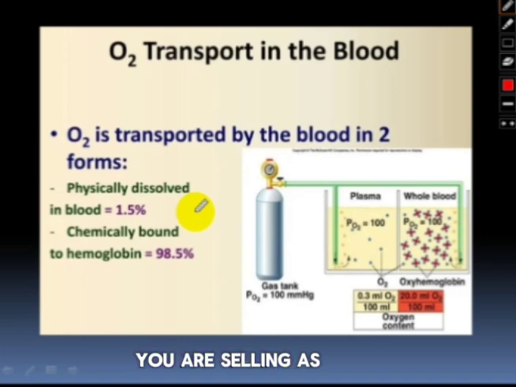You are saying the textbook you read says 3% dissolved in plasma and 97% binds with hemoglobin, and here you are saying 1.5% against 98.5%. In other textbooks, you might see 1% dissolves in plasma and 99% binds with hemoglobin.